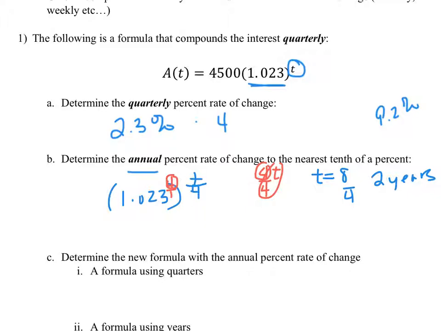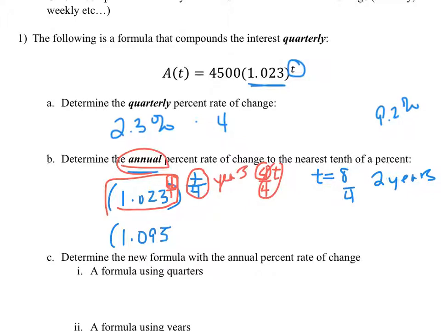If I plug 8 in for quarters, then T over 4 would be my years. So I know that this number right here is going to be years. So now that I know that's a year, what I'm going to find inside here is going to be my annual percent rate of change. It's a little weird. That's why I'm not crazy about it. But it's actually quite interesting, just a little interesting to get used to, let's say.